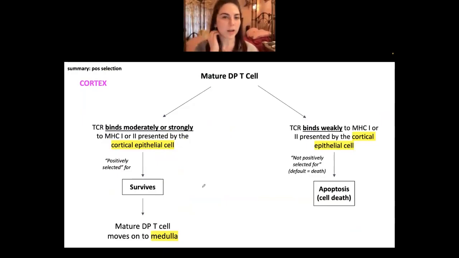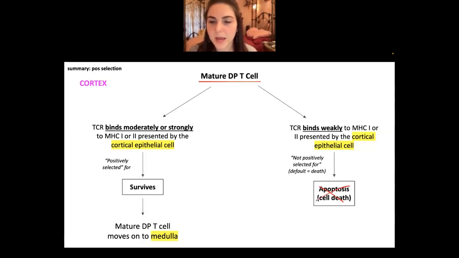So here's your summary of positive selection. Here's your mature double positive T cell. It just underwent alpha beta chain rearrangement. It just went through that process, so it's mature and double positive. If the T cell receptor binds weakly to the self-antigen within MHC1 or MHC2 presented by the cortical epithelial cell, it's going to die.